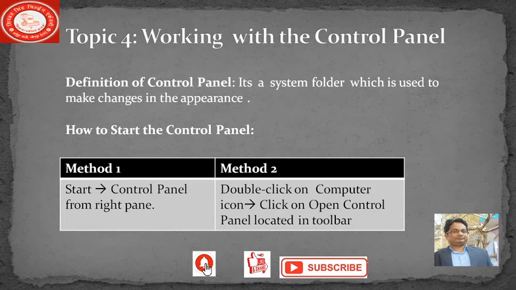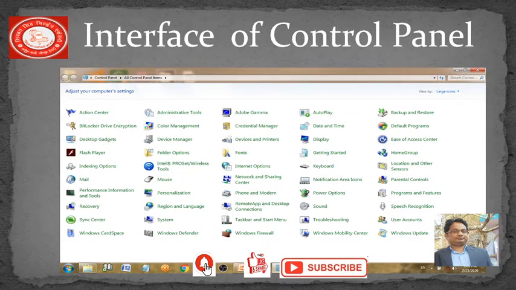Now I am coming to the next slide to show you the same. This is your next slide. In this slide you are able to see the first is action center, second is administrative tools, Adobe Gamma, autoplay, many things are there, so you are able to understand very easily. Now I am coming to the next slide.